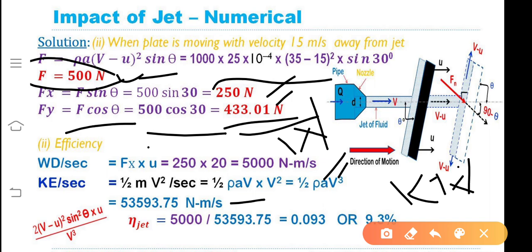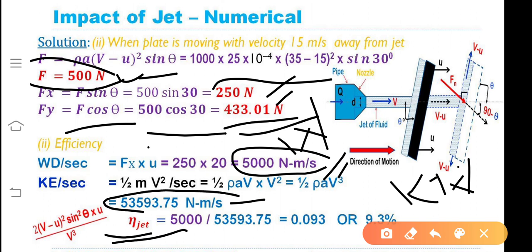Or at the end you can convert and keep it in kilowatt, rather first. Therefore, efficiency of the jet is equal to 5000 divided by this value, you will get 0.093 efficiency, means just 9.3%, very, very less. Okay.